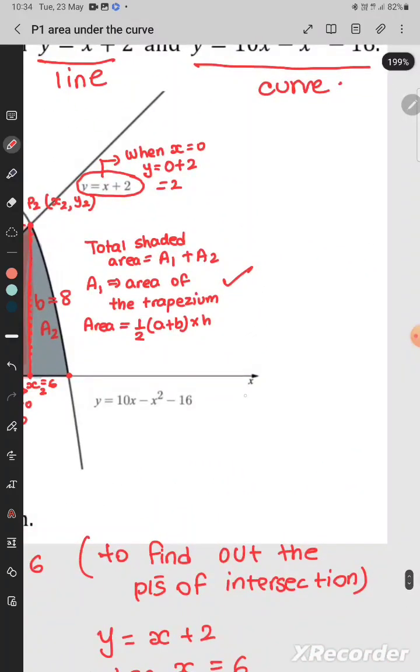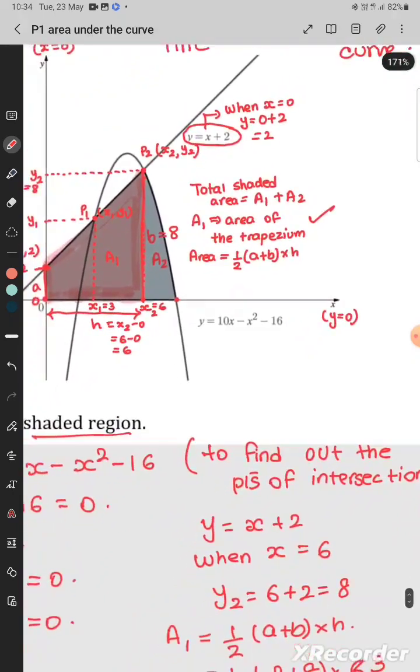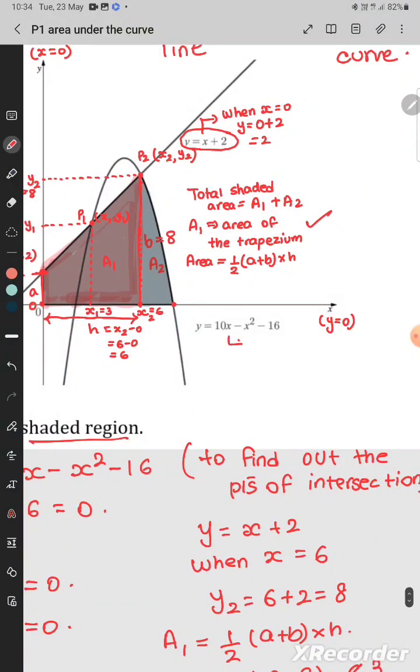In the x-axis, all the points have y coordinate 0. So the equation of the x-axis is y equal to 0. If I want to find the x coordinate of this point of intersection, I simply have to equate the equation of the curve to 0.